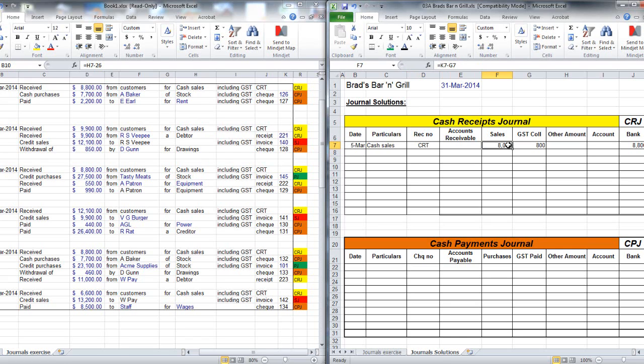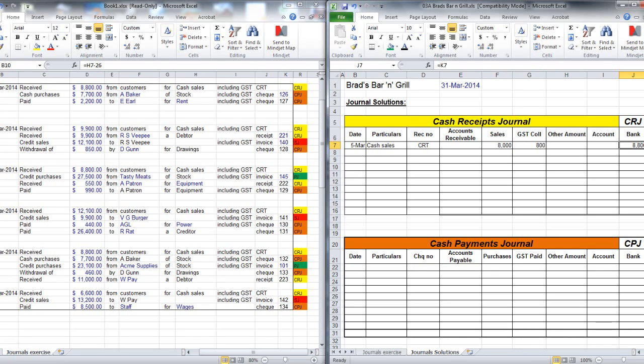I received 8,800. But not all of it is a sale. Only 8,000 is a sale. The other 800 is GST, because we have GST now in our prices. So we need to split them up for reporting later. So 8,000 is a sale, and 800 is the GST. What actually went in my bank account was a total of 8,800.